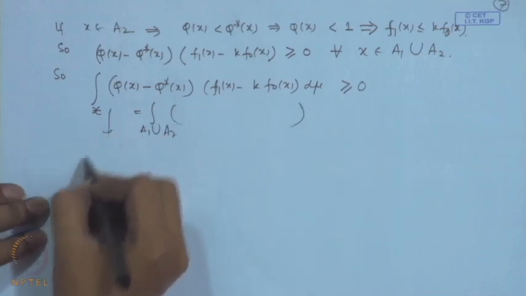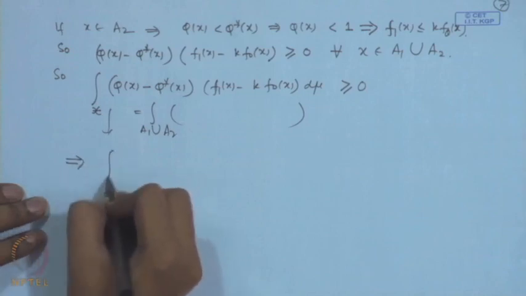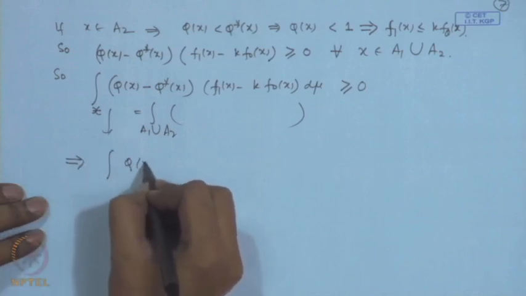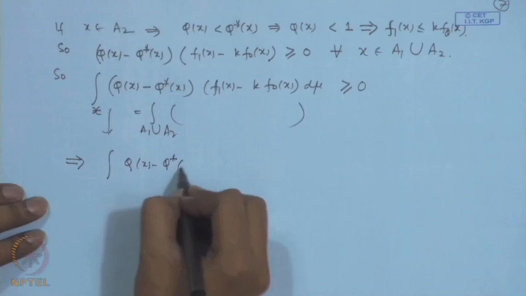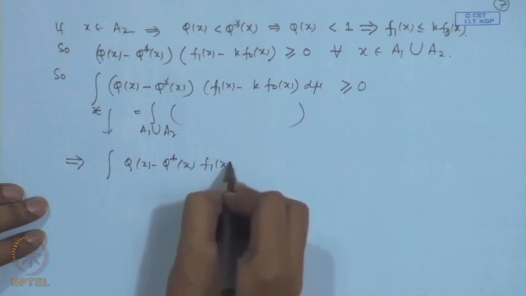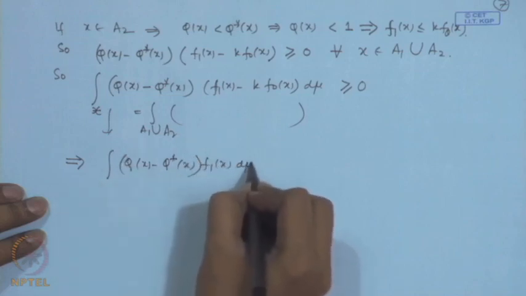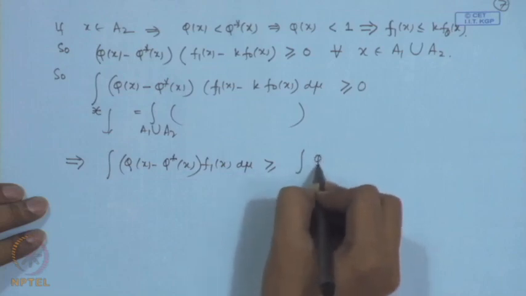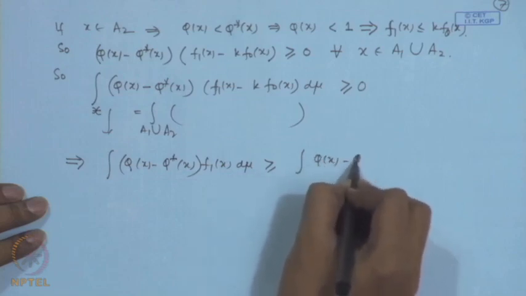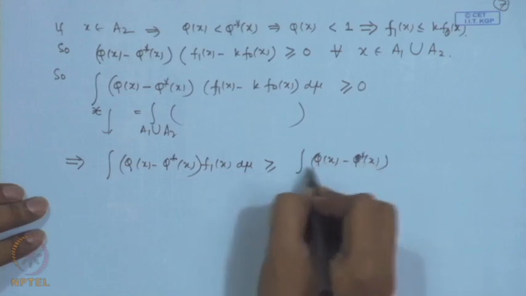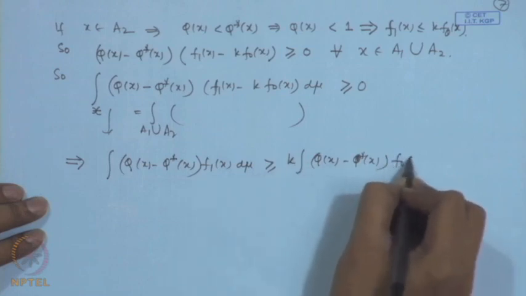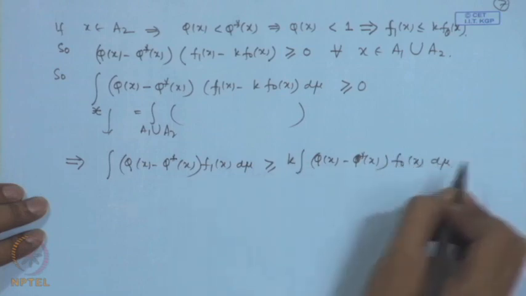So, what we are concluding then is that the integral of phi x minus phi star x times f1 x is greater than or equal to the integral of phi x minus phi star x times k times f naught x d mu.